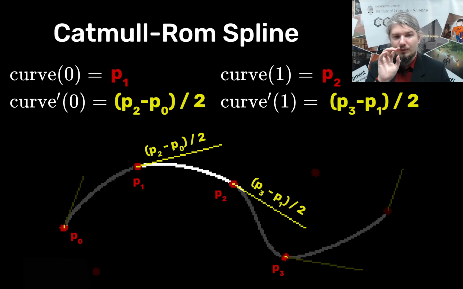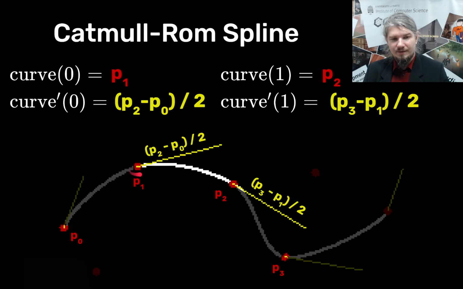But when we just look at one segment in the spline, then we have the points P0, P1, P2. The curve is going between P1 and P2. So the curve at 0 is going to be P1, and the curve at 1 is going to be at point P2. But now these derivatives use the other points as well.